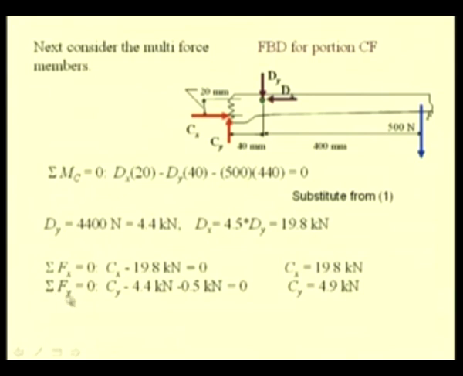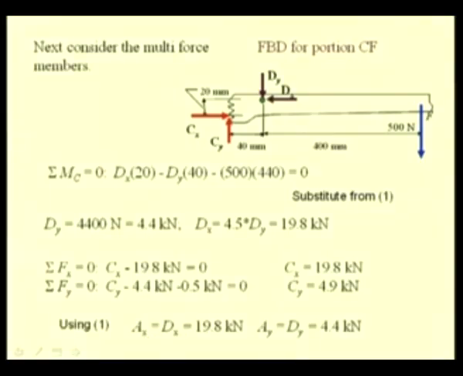We use the force summation along the y direction and we determine this unknown Cy to be 4.9 kilonewton. Again from equation 1, since we now know Dx and Dy, we can know the two reactions Ax and Ay, and they are found to be 19.8 kilonewton and Ay as 4.4 kilonewton.